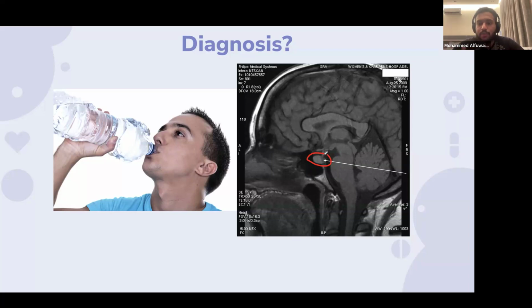Their serum, their blood, will be very concentrated in terms of osmolarity. They will drink a lot of water to compensate for this, okay? That's pretty much what's happening here. If you have this patient and you give them synthetic ADH, desmopressin, will this correct their defect? Yes or no?